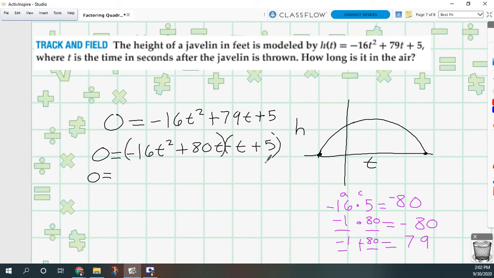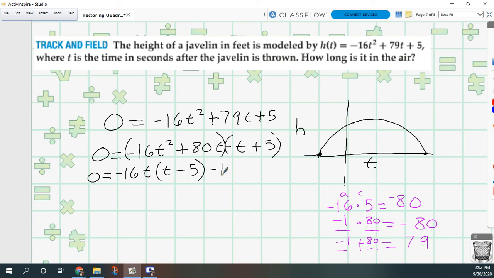So we're looking for what is my common factor between 16 and 80. Well, since 16 goes into 80 5 times, that negative 16 is going to be the common factor. And then they both have a t in common as well. So I'm going to go ahead and factor out the negative 16 just to make our lives a little bit easier. And when we do 80 divided by 16, it's going to give us 5, but we do need to flip that sign.